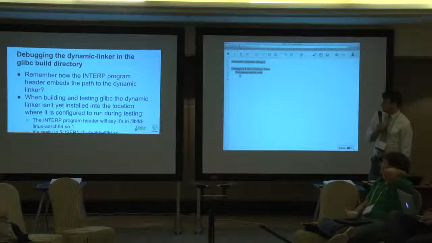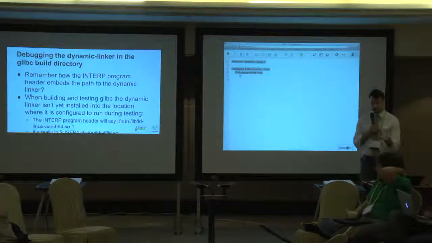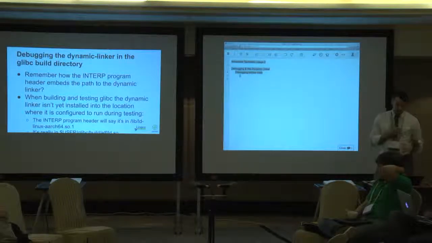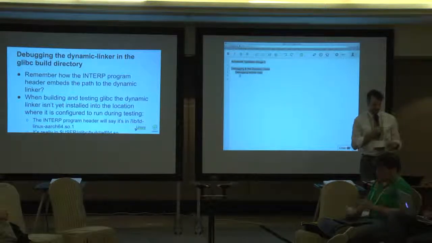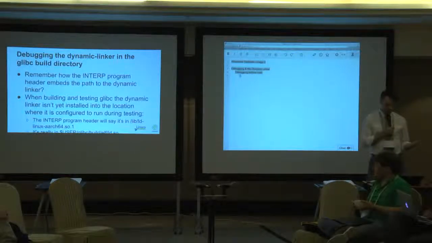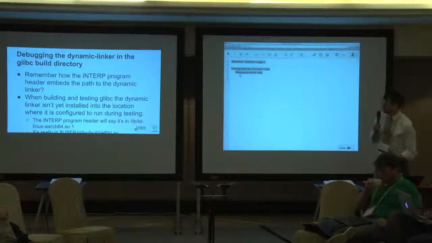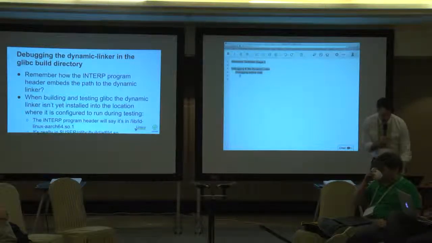Now, debugging the dynamic linker in the glibc build directory. Do you remember how the interp program header embeds the path to the dynamic linker? Well, when we're building and testing glibc, the dynamic linker isn't yet installed into the location where it's configured to run. Unfortunately, my slide's off the page.